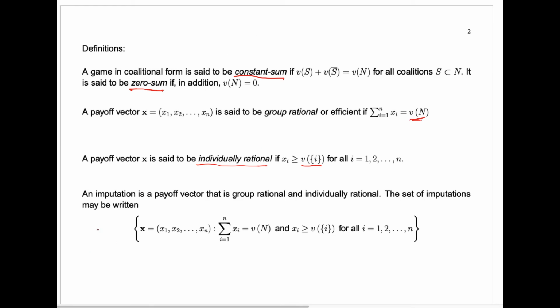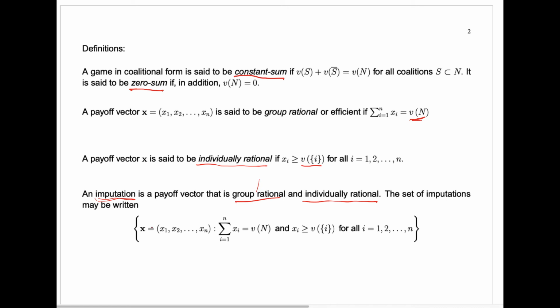An important thing that we're going to be talking about over the next week is what we call an imputation. An imputation is a payoff vector that's both group rational and individually rational. We've already seen that it won't make sense either to the group or to individual players if you don't have both of these features. So an imputation will be thought of as a payoff vector that at least makes sense for the group and makes sense for each individual player.